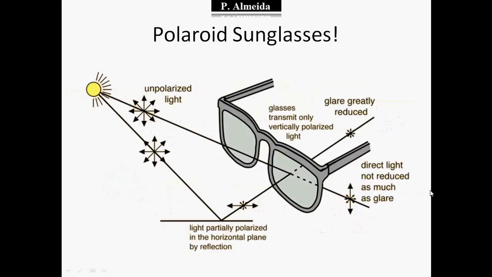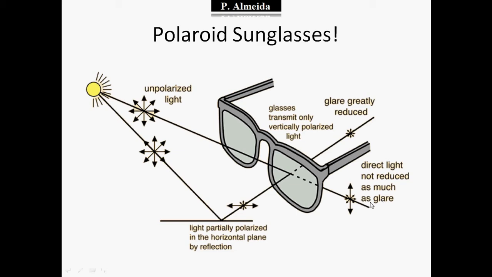This is very similar to how polarized sunglasses work. The light from the sun or a light bulb is unpolarized, sorry, I have an issue saying this word. This light gets directed into the glasses, which have a Polaroid, as you can see, so they only allow light in one direction.